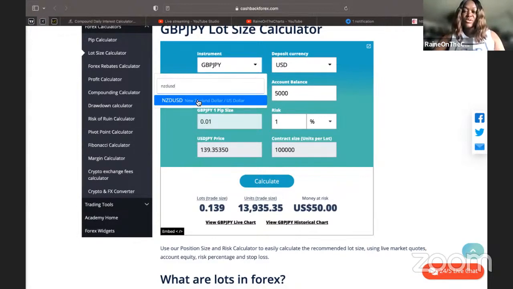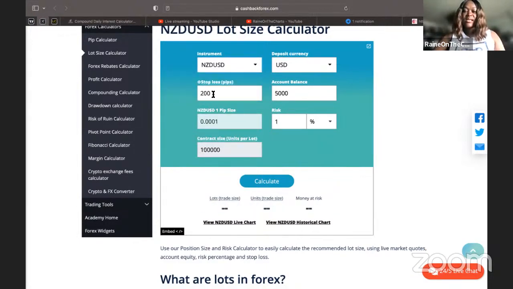So let's put NZD USD. Let's do the same pips stop loss and hit calculate. Look, the lot size is 0.1. It is not the same lot size. So that means you could mess yourself up by just sticking with one lot size and just going. You want to do it every time.